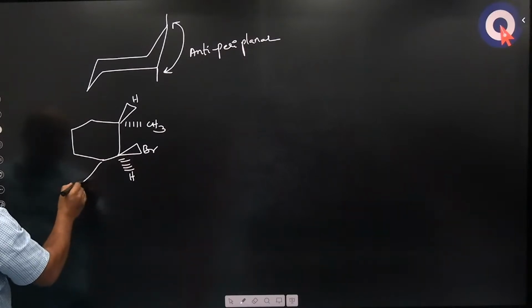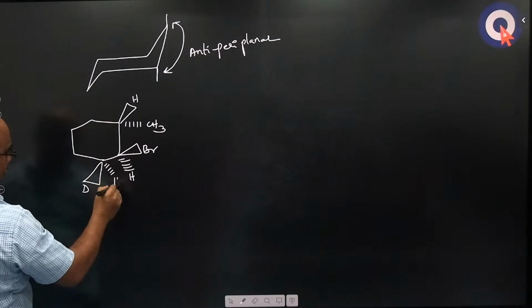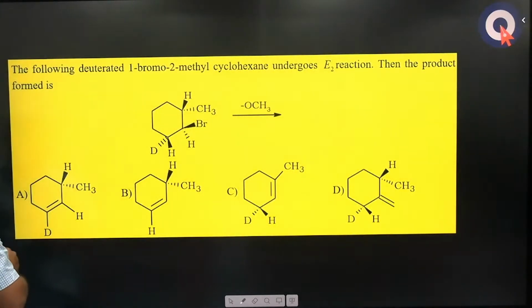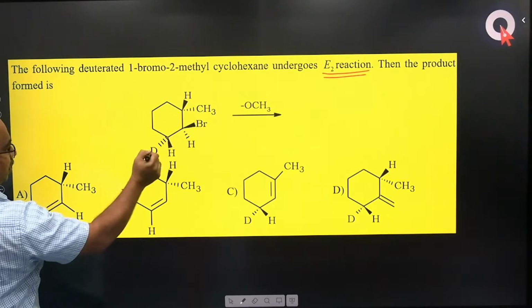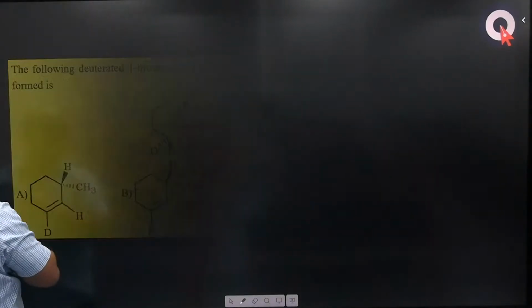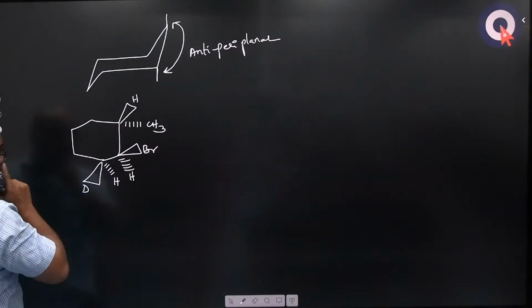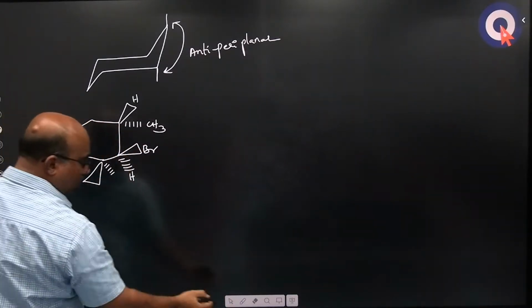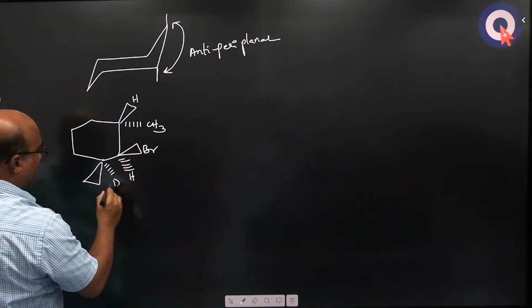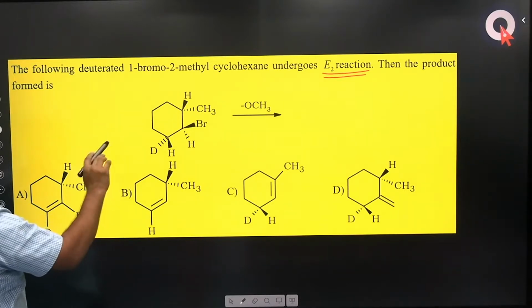Here D is above, hydrogen is below. Is it the same? So the only change is here. H and CH3 okay, Br and H okay, D and H. So here there is a slight change we should make. So here it is D and H. H is above, D is below. You can write on the left side or right side, that is not an issue.